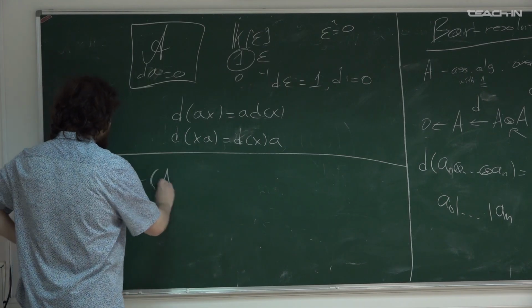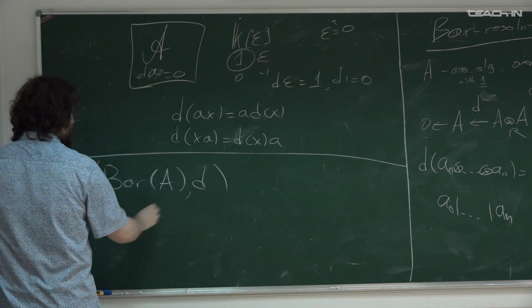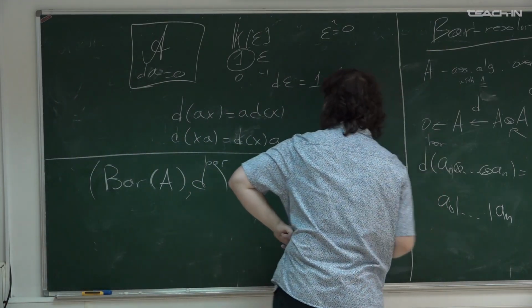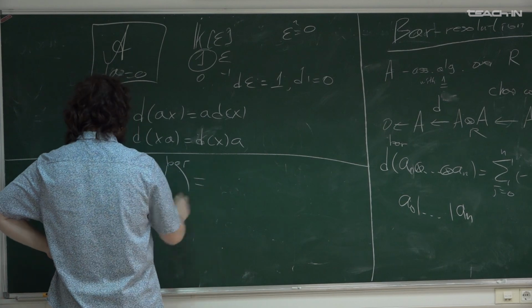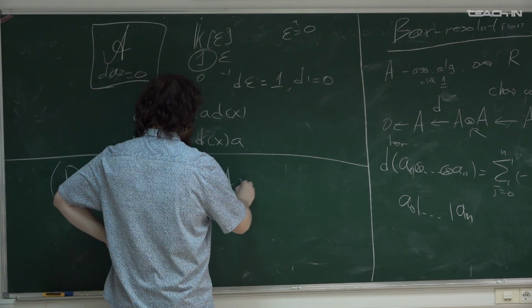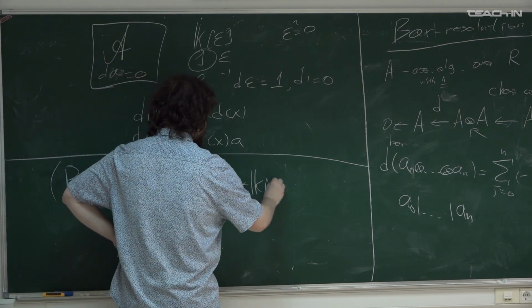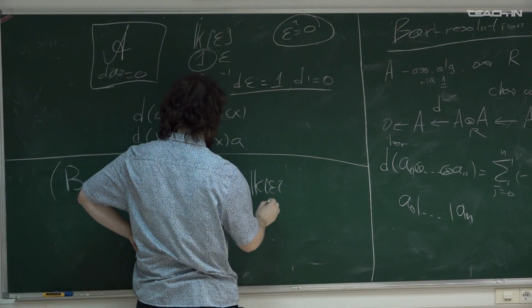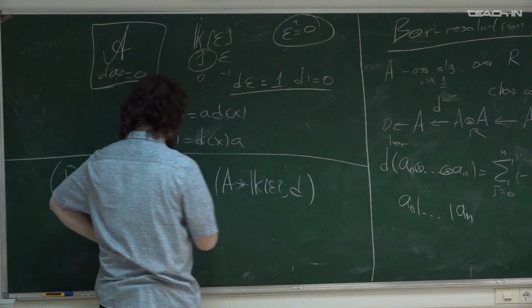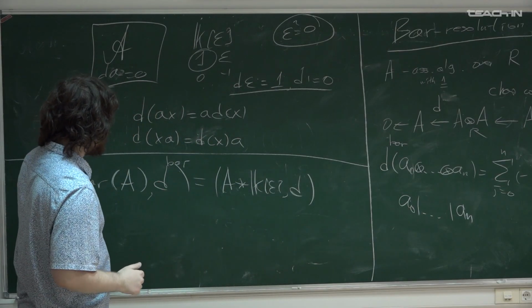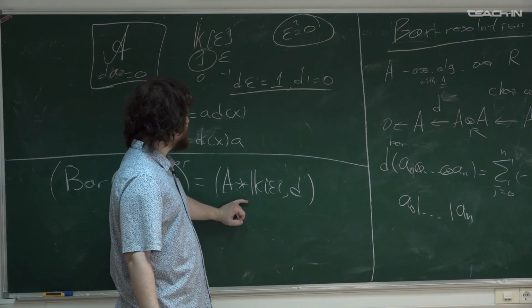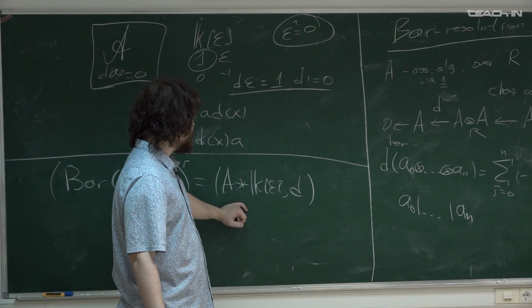It's the bar complex. It's just A free product with K epsilon, with the differential. Why is this chain complex contractible?